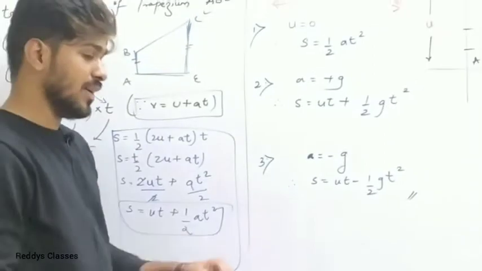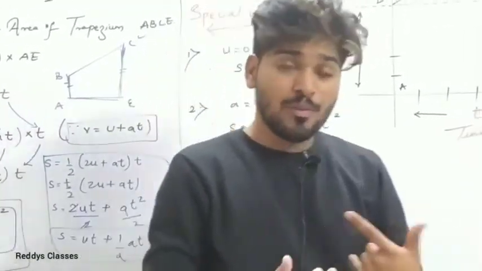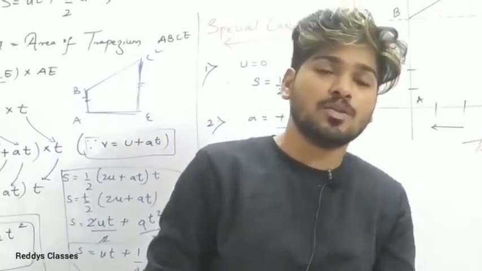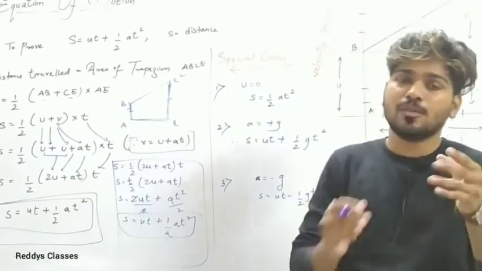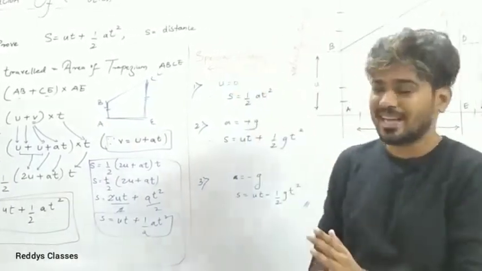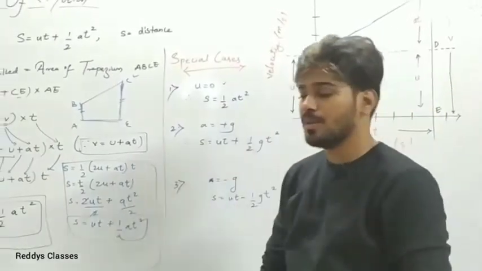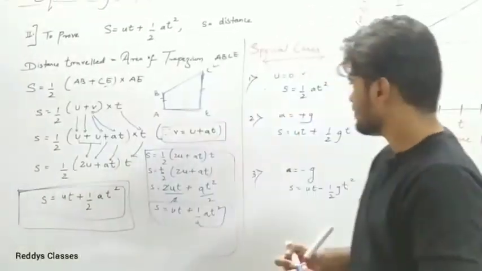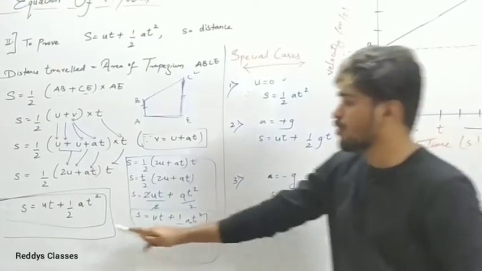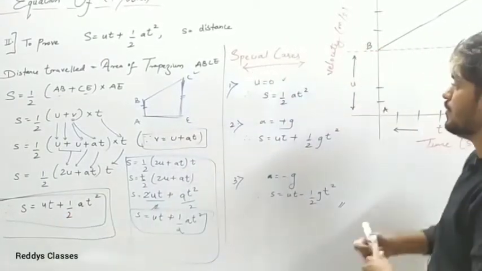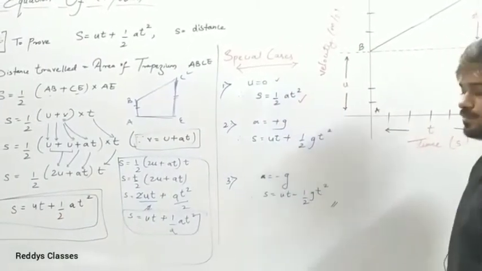We have 3 cases: when the body is at rest, when a freely falling body is coming to the ground, and third, when a body is moving in a vertically upward direction. If the initial velocity U is 0, then U into T is 0, and we get S is equal to half AT square.